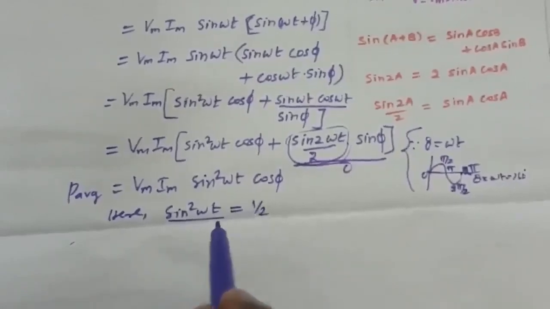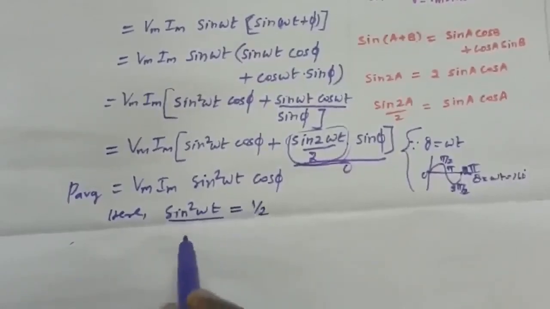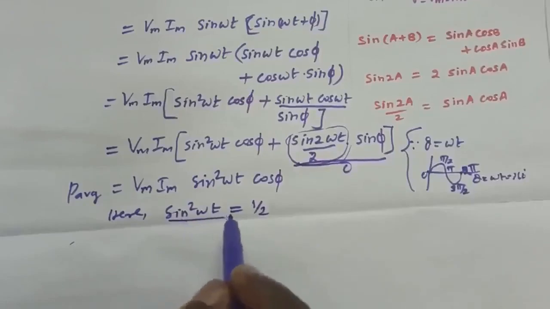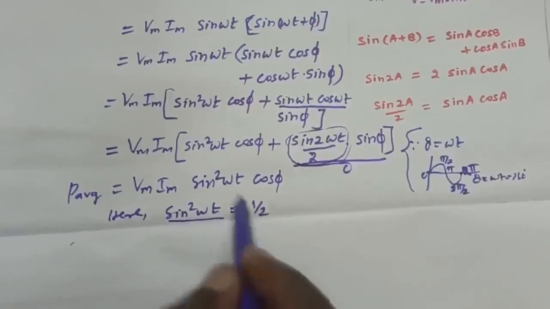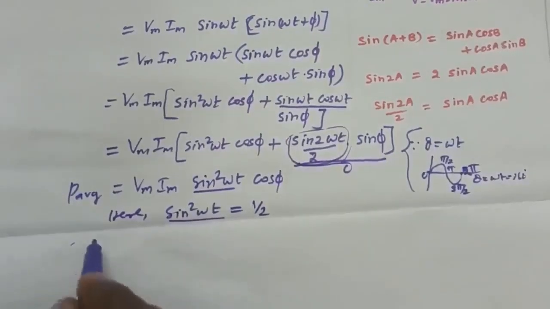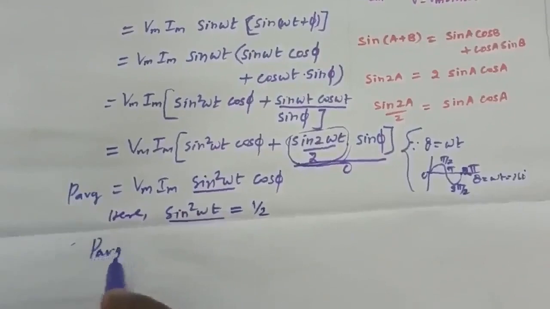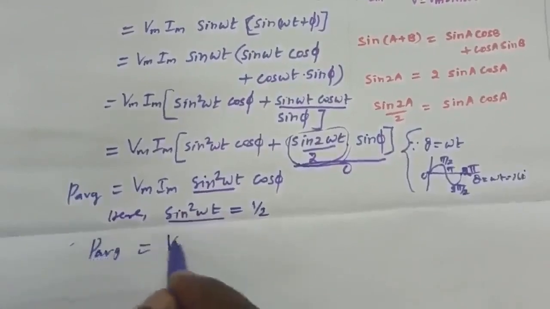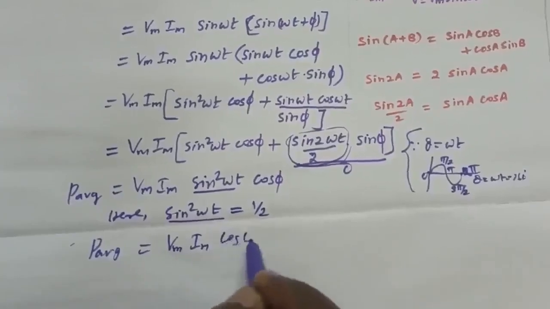This is a condition: sine square omega t is equal to 1 by 2. Are you clear? Now substitute this relation. Therefore power average is equal to Vm Im cos phi into 1 by 2.